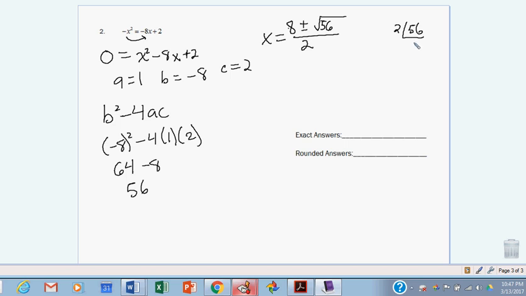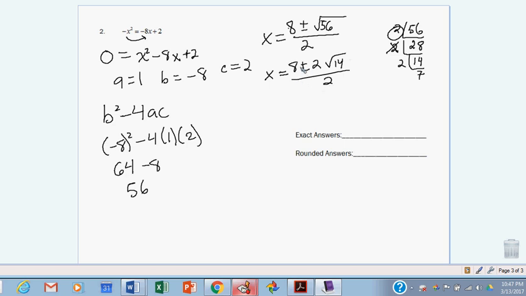I got 28, and then I divide by 2, and I get 14. I divide by 2, and I get 7. So remember, we can circle, we can cross. We can actually get 2 root 14 out of that. So x is equal to 8 plus or minus 2 root 14 all over 2, practicing our radicals.